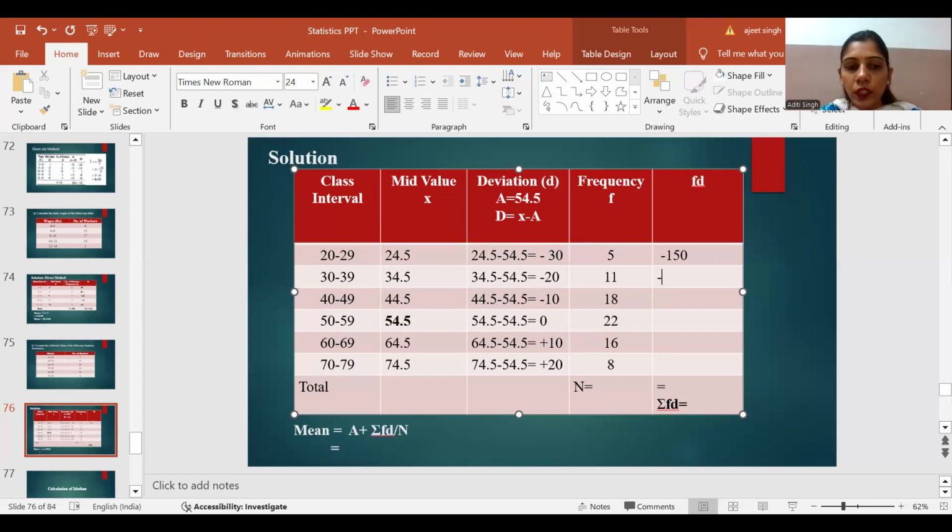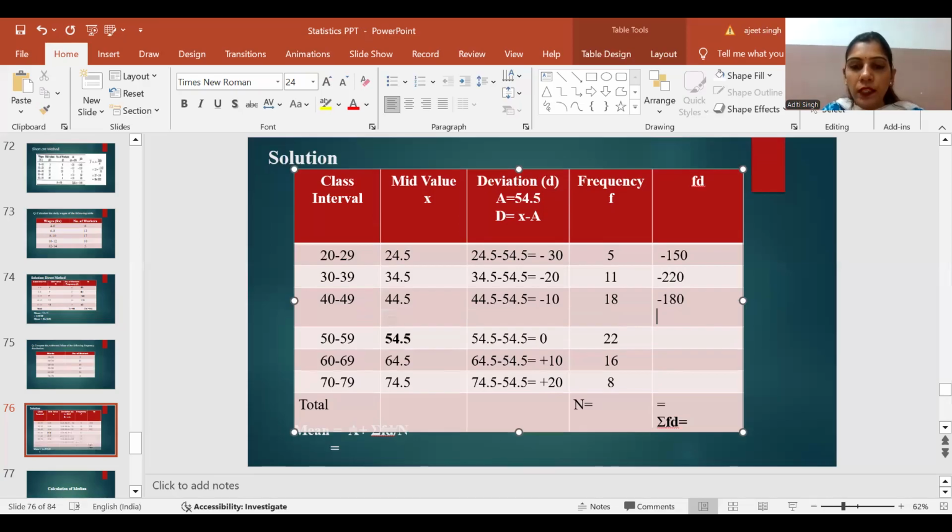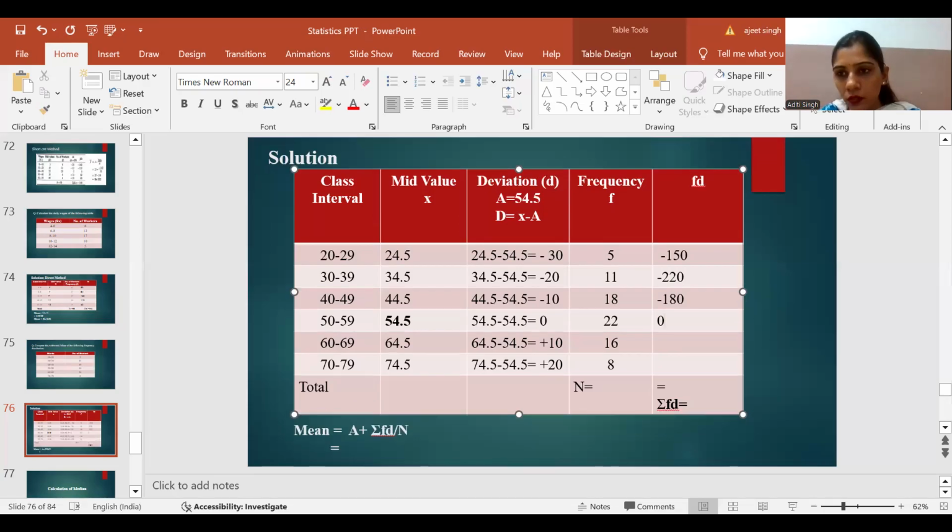So minus 20 into 11 is 220. Okay. Next again put the sign of minus. Now 10 multiplied by 18. So the answer is 180. Okay. Next 22 into 0, 0.